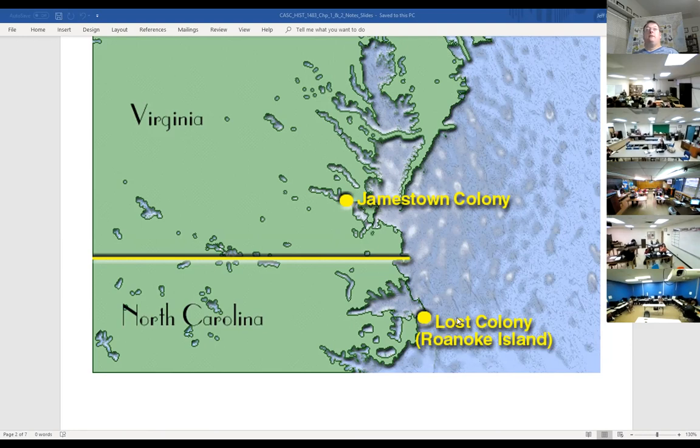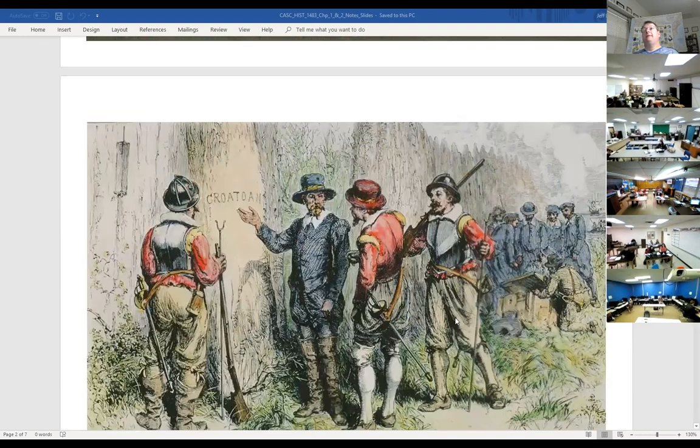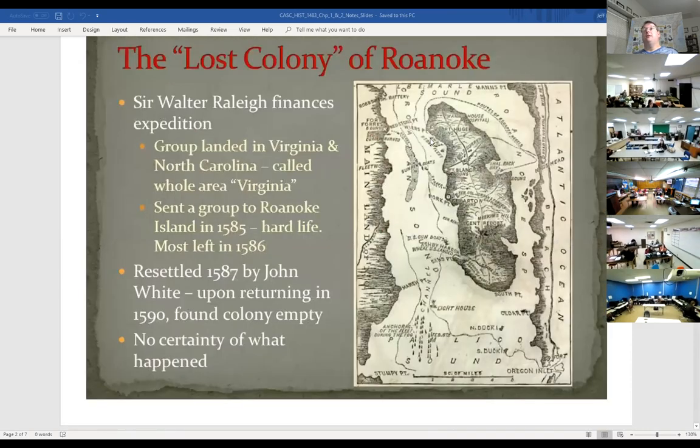But Sir Walter Raleigh led this expedition, and he called this area Virginia in honor of the Queen, who was not married at the time.